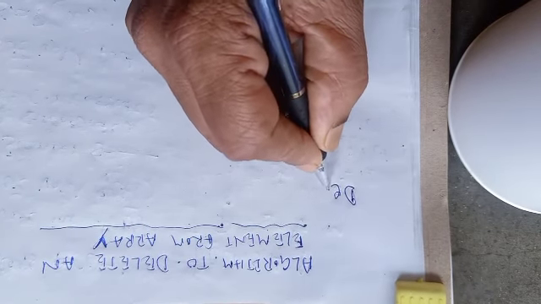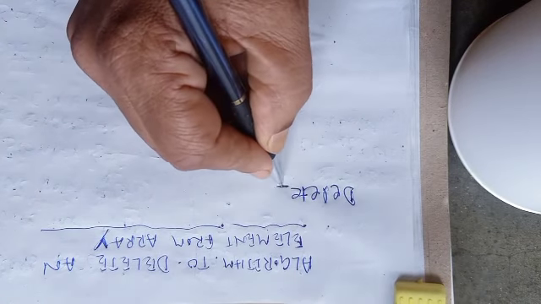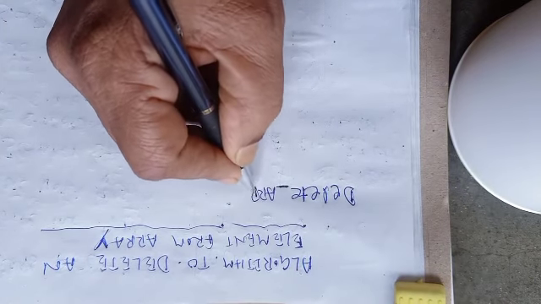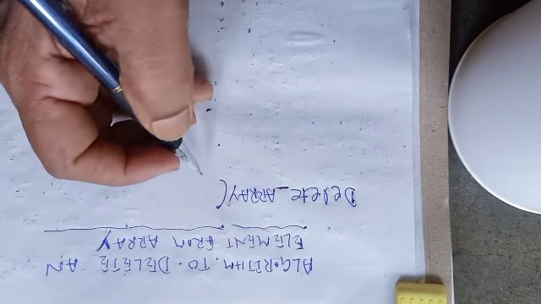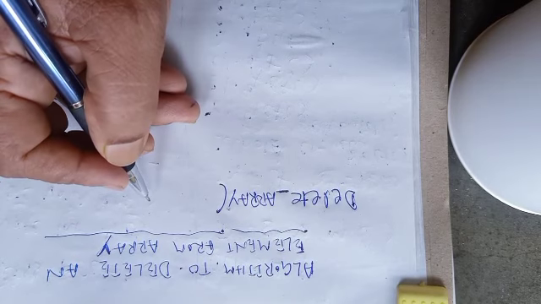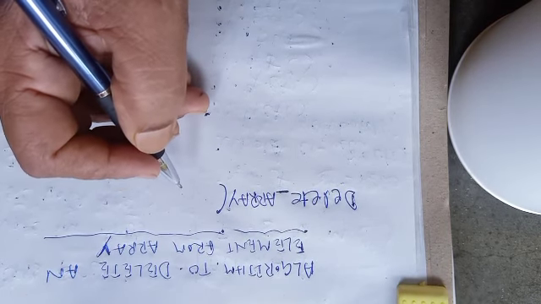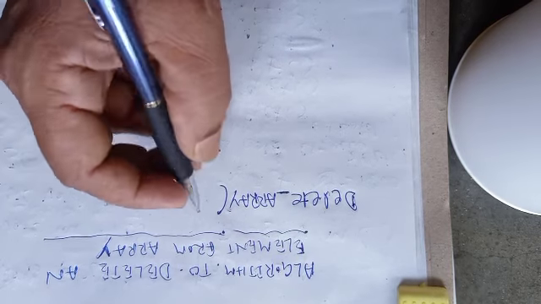The name of the algorithm I have taken here is delete_array. Since it is a function or an operation, we need to pass some information as parameters, like in our earlier videos where I explained the insertion algorithm.